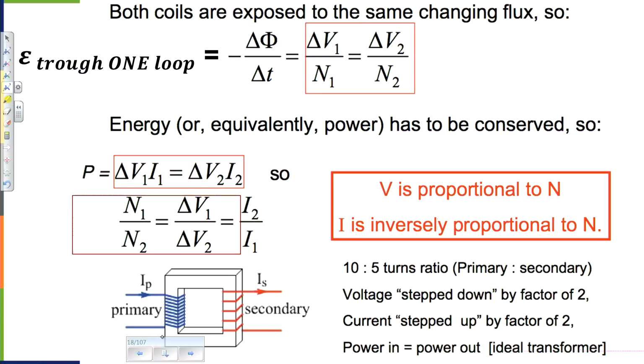For the first coil, it should be equal to the voltage divided by the number of turns in the first coil. For the second coil, it should be equal to the voltage divided by the number of turns in the second coil. So we have the first relationship, which relates the voltage and number of turns.